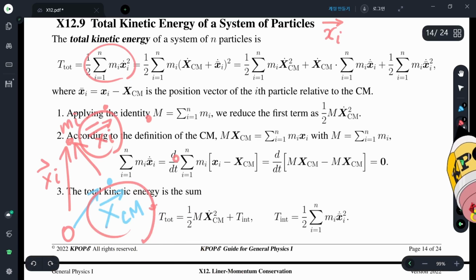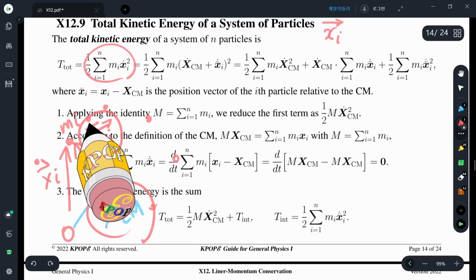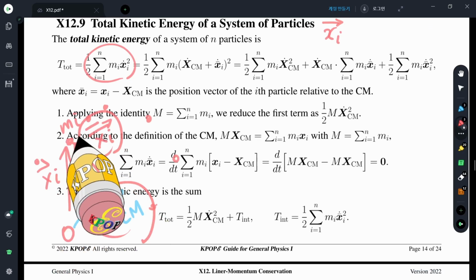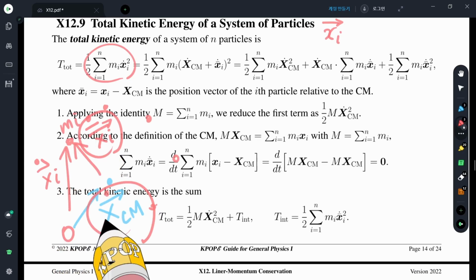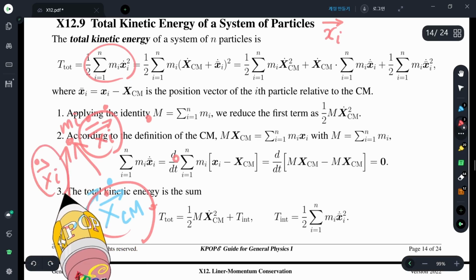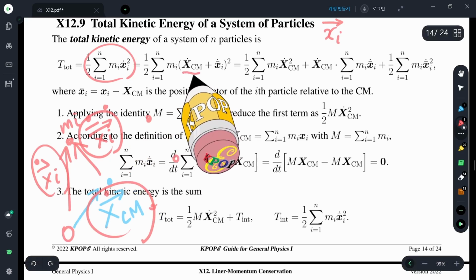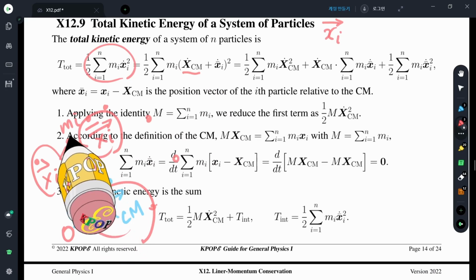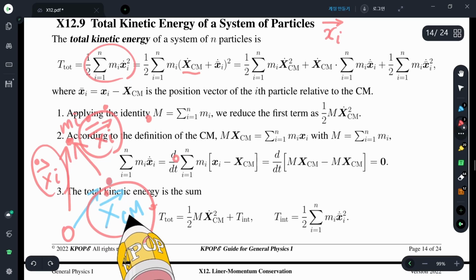We can take the time derivative everywhere. Then velocities still have the same relation. So the velocity of the ith particle is the velocity of the center of mass plus the relative velocity of the particle relative to the center of mass.